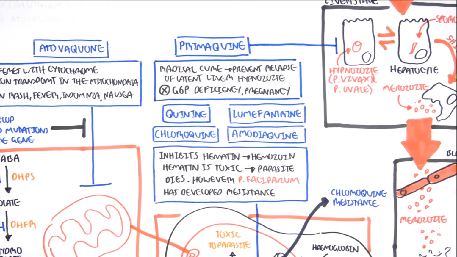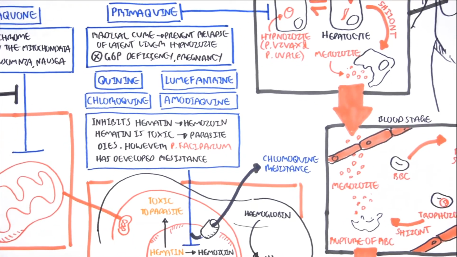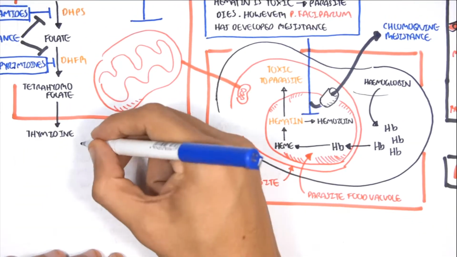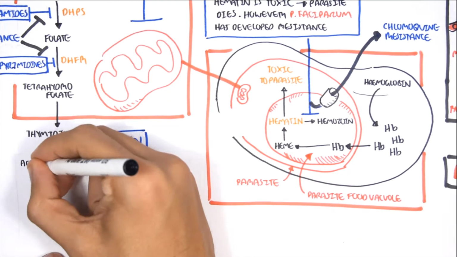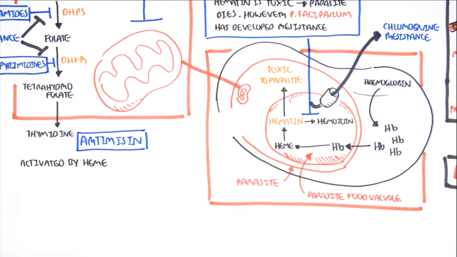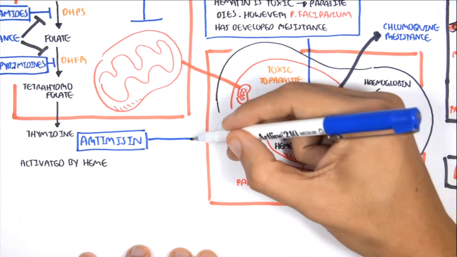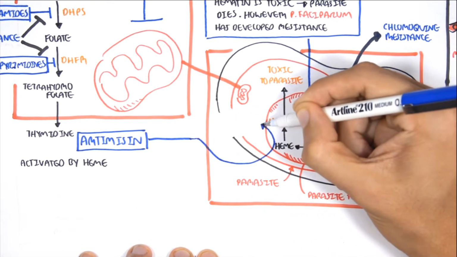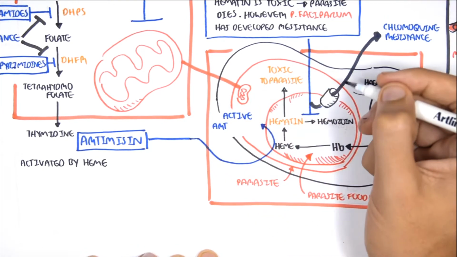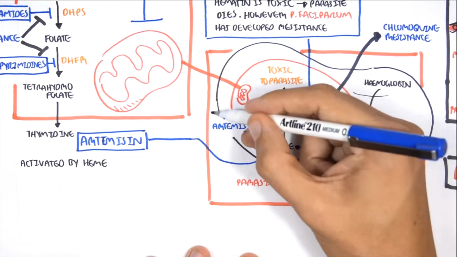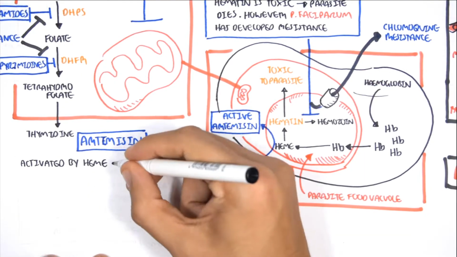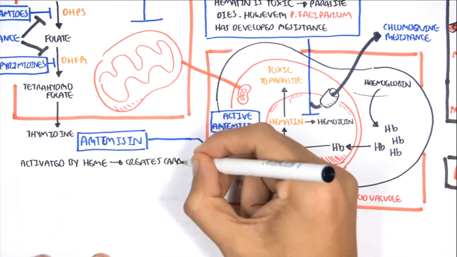The next antimalarial drug we will look at, and it's a very important one, are known as artemisinins. These guys are essentially inactive when they're given. And when they're given to people, they are activated by ferrous heme or free heme. So when activated by the heme, the artemisinins create a carbon-centered radical, which will essentially kill the parasite.